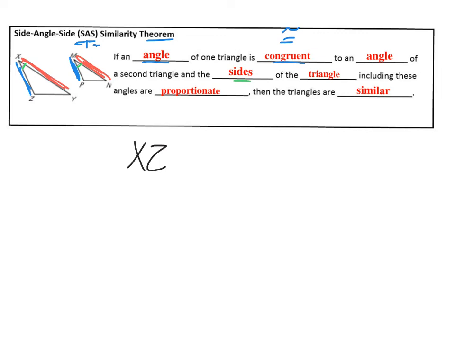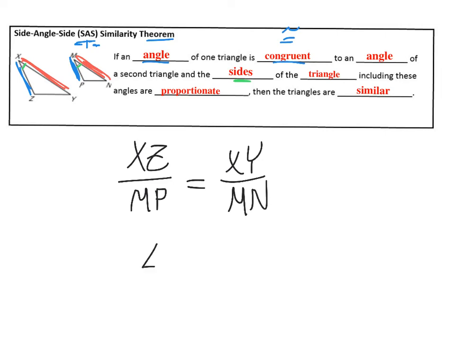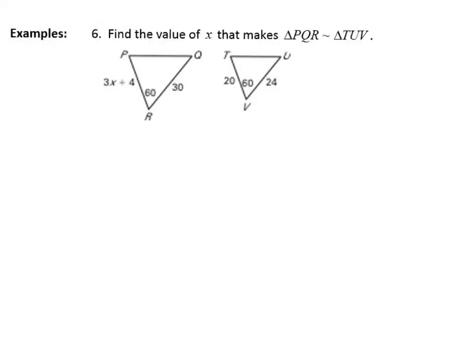So let's just copy that down here real quick. I want to show that XZ to MP is proportionate to XY and MN. And obviously I want to show that angle X is congruent to angle M. So the next example is similar to the one we just did. I want to find a value for X that's going to make these two similar.